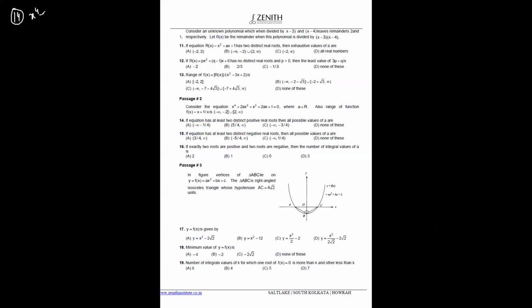So if we have x power 4 plus 2a x cube plus x square plus 2a x plus 1 equal to 0. Now, this is something I had mentioned in class when we were doing polynomials: in a biquadratic, if the coefficients from both ends are identical, how do we solve? Divide by x square.